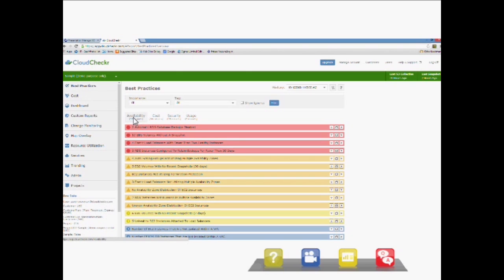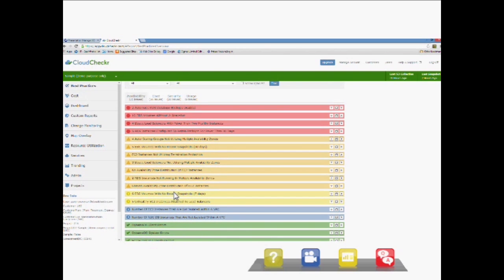Everything from, are you setting up multiple availability zones so that if there's an outage in one, you can properly stay up? So everything from availability zone distribution to, are you taking backups? Are you taking snapshots? Do you have healthy instances running? Are you using VPCs? Are you experiencing any errors in the client or the system?